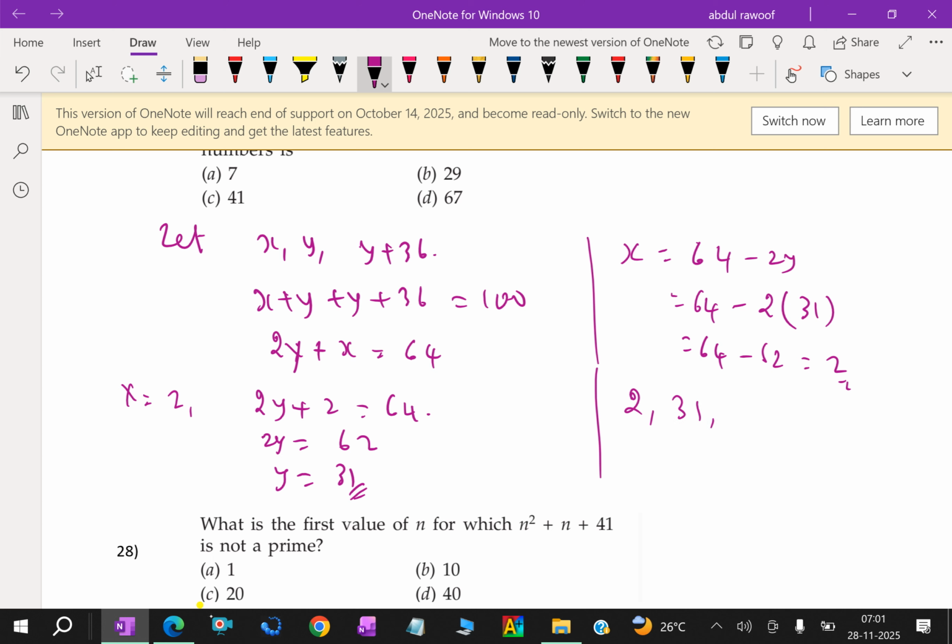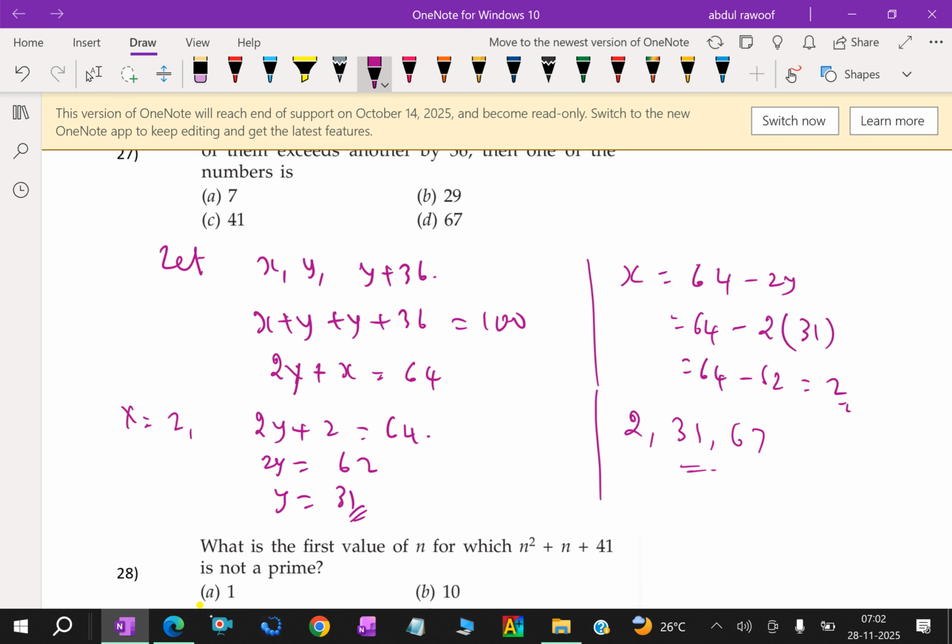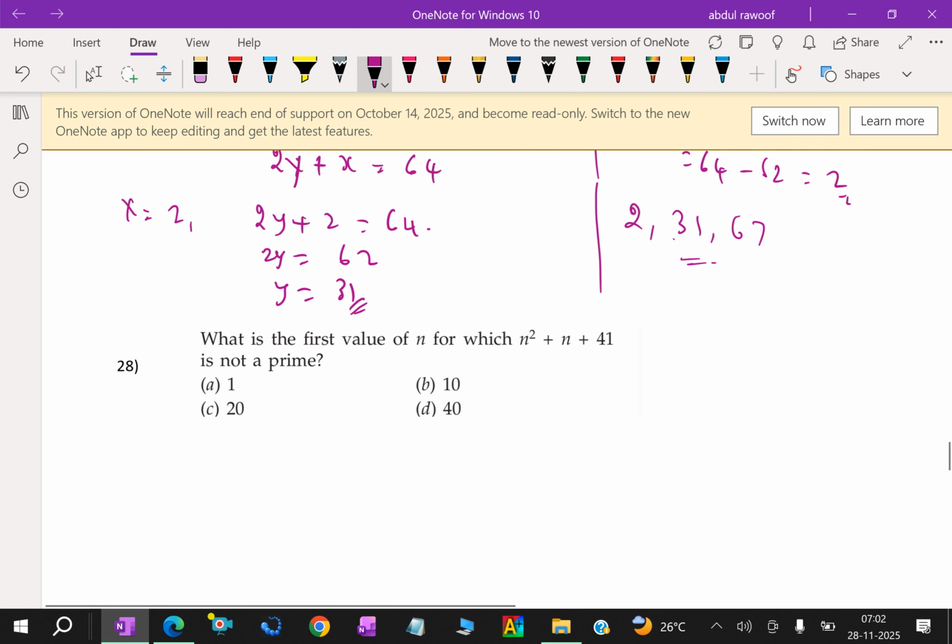That is 2 plus 31, and another is 36 increase, that is 67. All addition is 100. So one of them is 67. Here we have the primes 2, 31 and 67. One of them is 67. Option D.